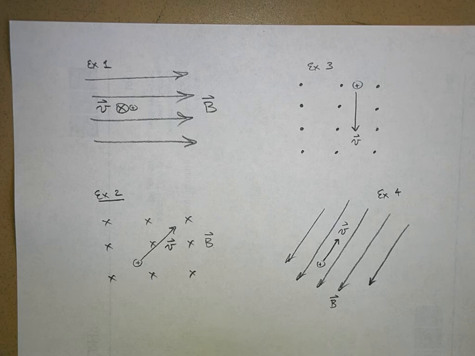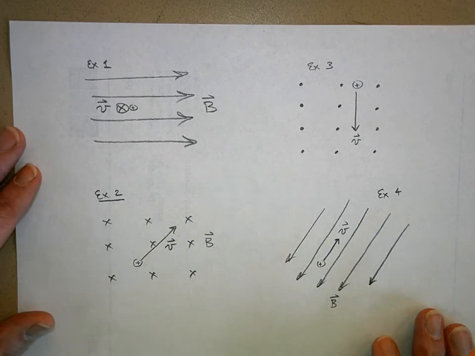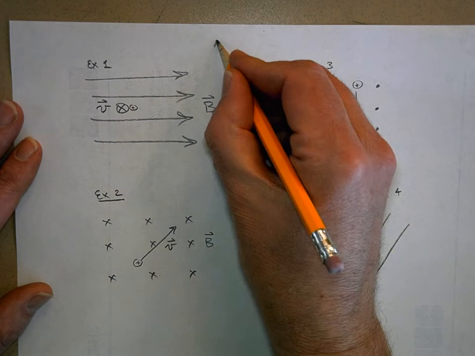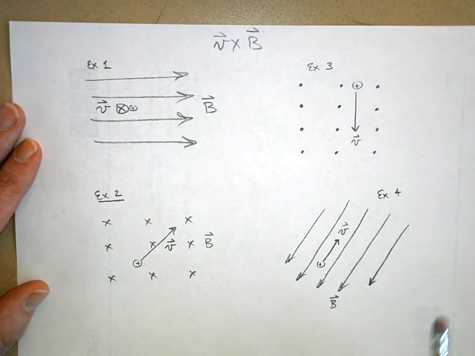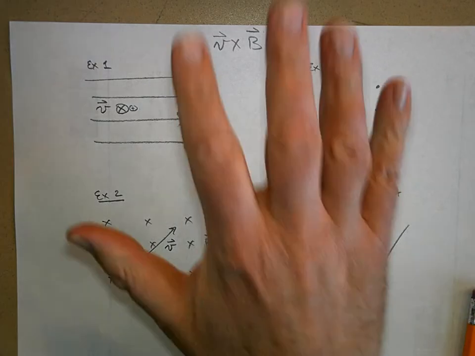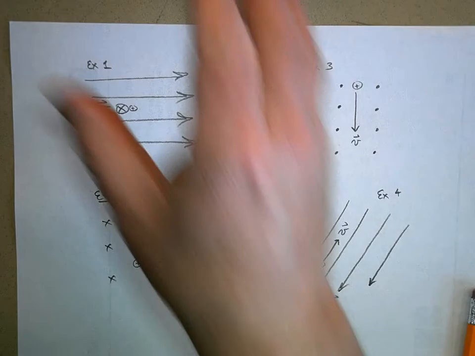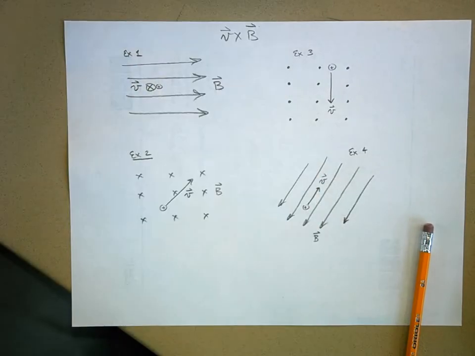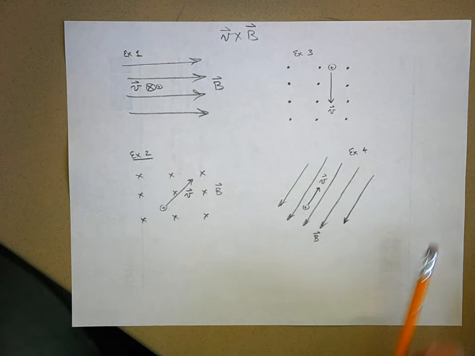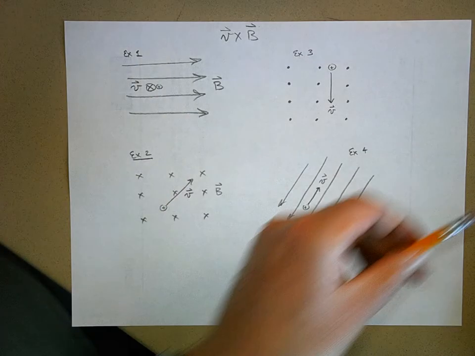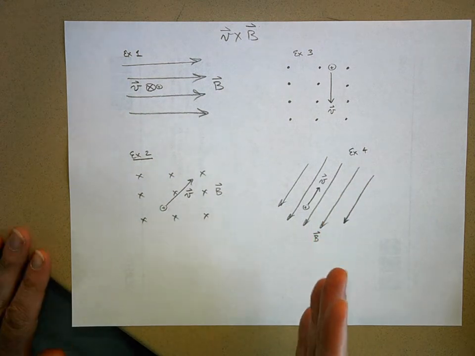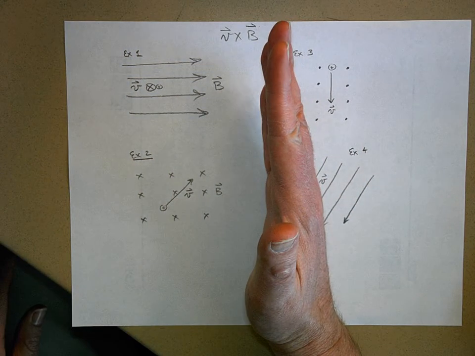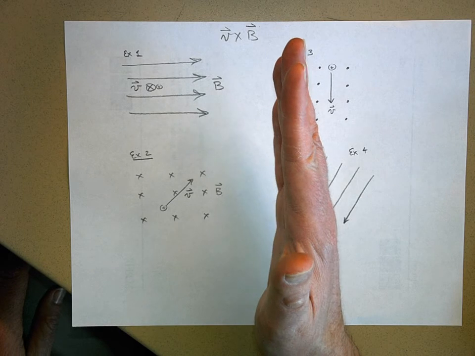Okay, and now remember to use the right-hand rule. When you go V cross B, you take your right hand, and let me zoom a bit here. This is the way I do it. There's lots of different ways of doing the right-hand rule, but this is how I like to do it. You orient your right hand in the direction of the velocity vector first.